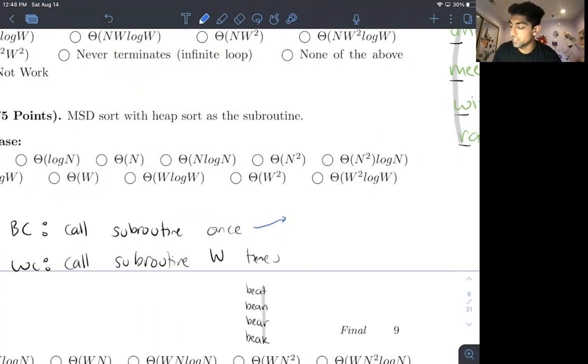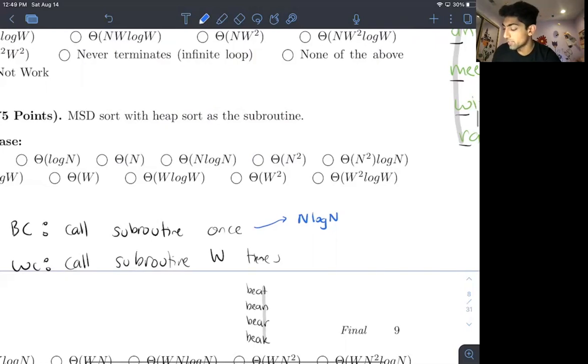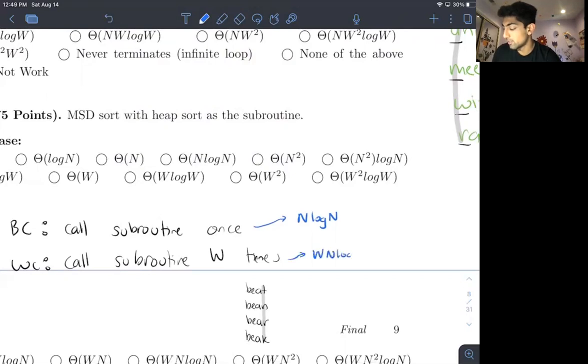Because we run heap sort once, and the runtime of heap sort when all the elements are distinct is N log N. Now when we think about our worst case behavior, we have to call our subroutine W times. The worst case runtime of heap sort is N log N, and if we have to call the subroutine W times, our runtime is going to be W of N log N.